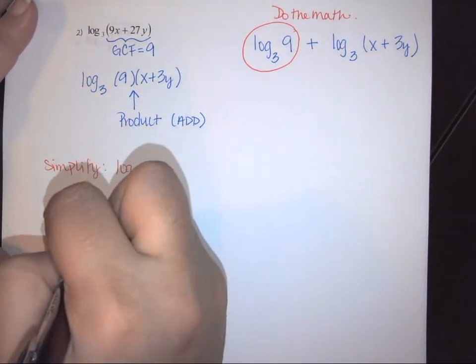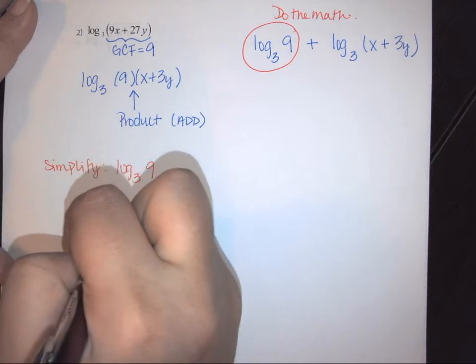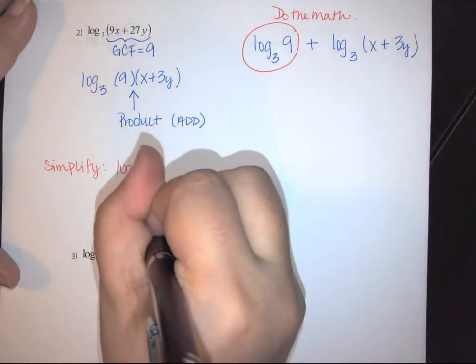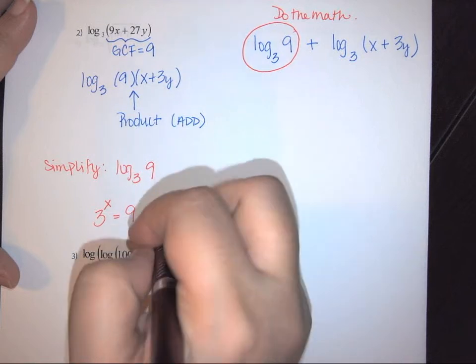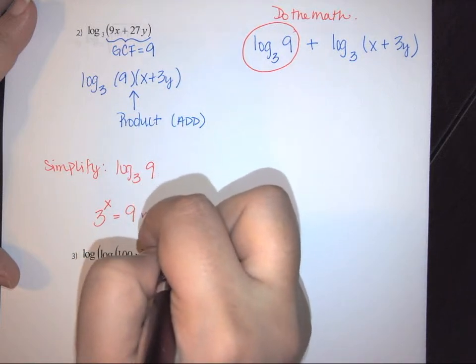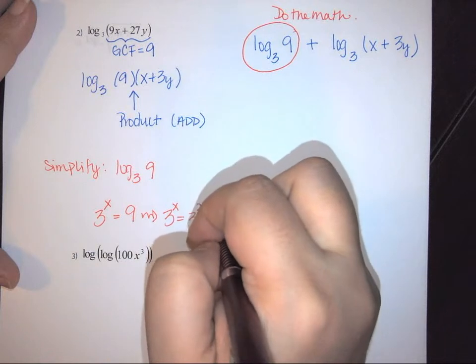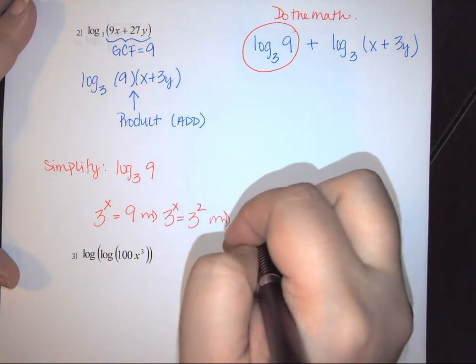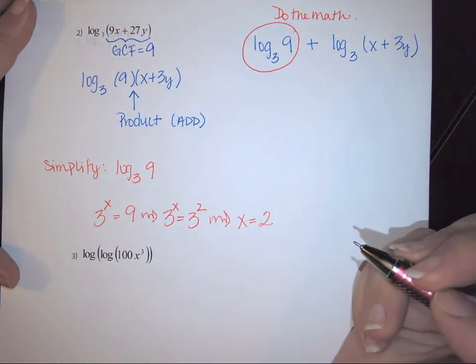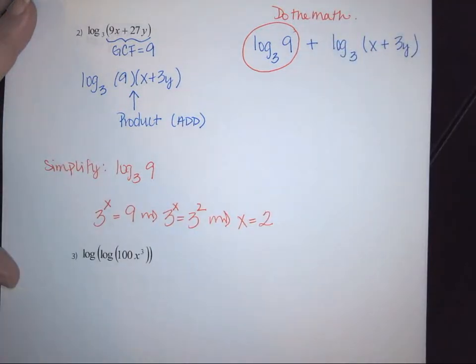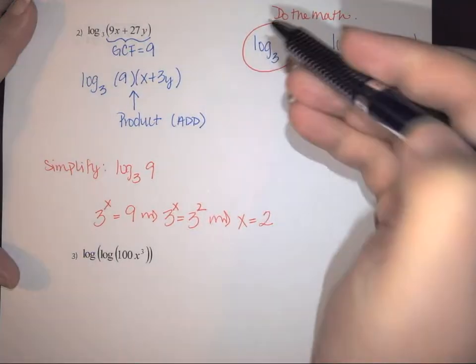Here I've got 3 to the x equals 9. My 9 here can become 3 squared, so this is 3 to the x equals 3 squared. Because of this, we get that x equals 2. Therefore, the log base 3 of 9 has simplified down to 2.